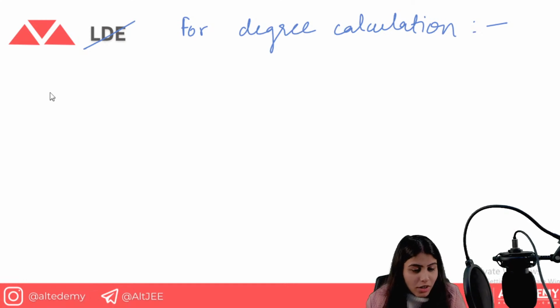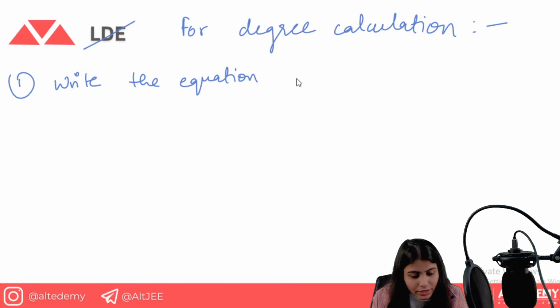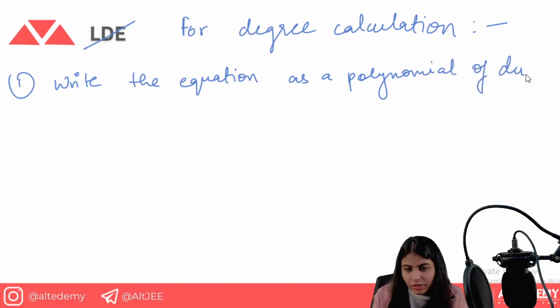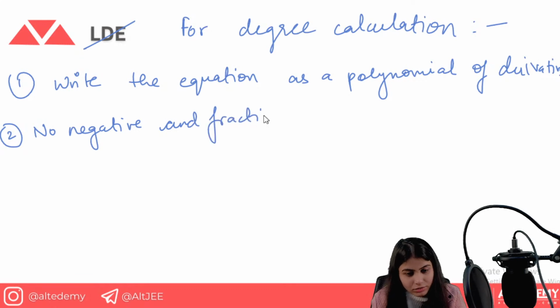So firstly, for degree calculation, you are going to write the equation as a polynomial of derivatives. Okay, this is the first step. I am writing out the steps, you can follow that. Second step, no negative and fractional powers are allowed.